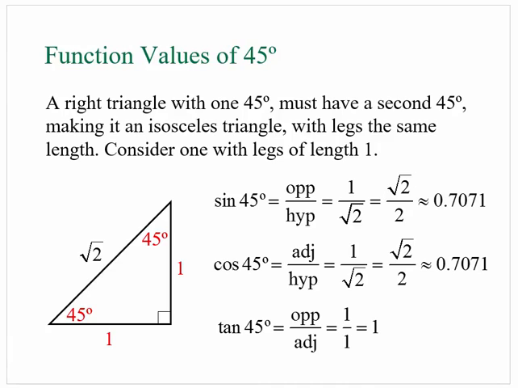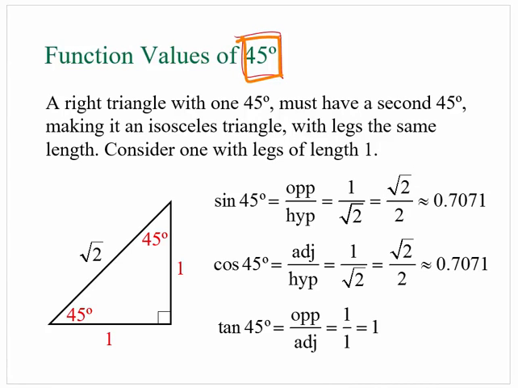Now I'm going to go through what we call special triangles. I already have this filled in for you because I just want you to follow along. Special triangles are all 90-degree triangles, and the first one we're going to talk about is our 45 degree.